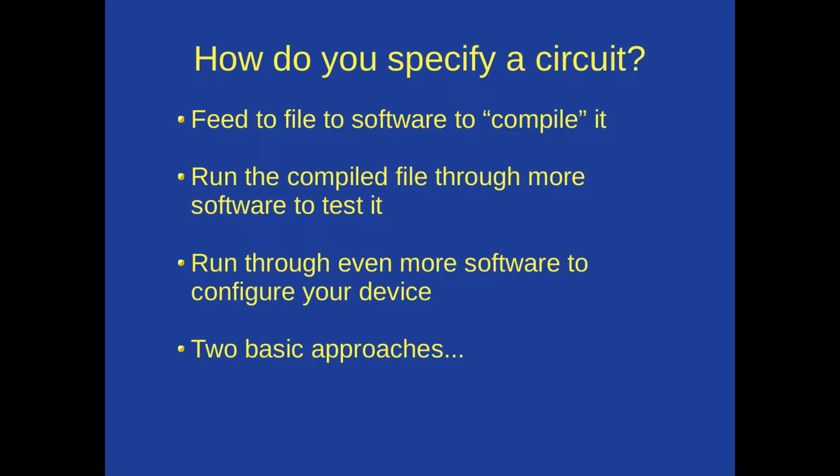So let me pass some of these around while we're at this point. These are some examples of FPGAs. And the big chip in the middle is the actual programmable device, and everything else is just sort of there to make space for it.